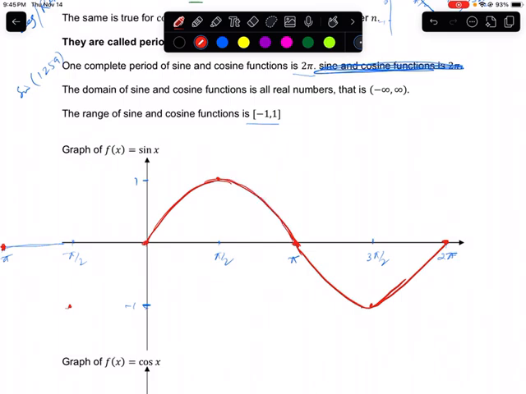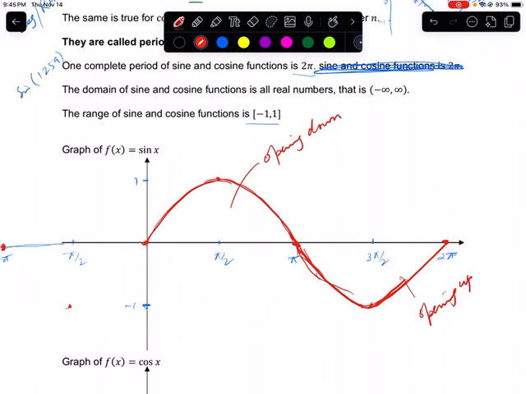And the other one is opening up, like the parabolas. Remember opening up parabola and opening down parabola? But these are not parabolas. So you have an opening down, and then this one is opening up.